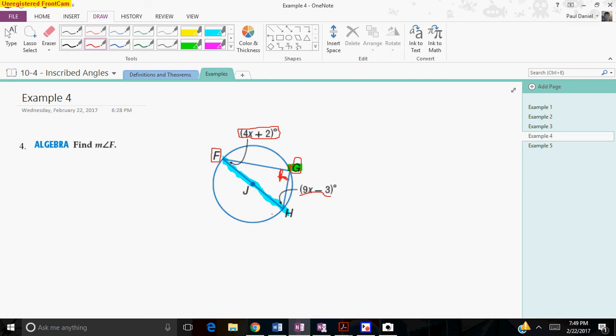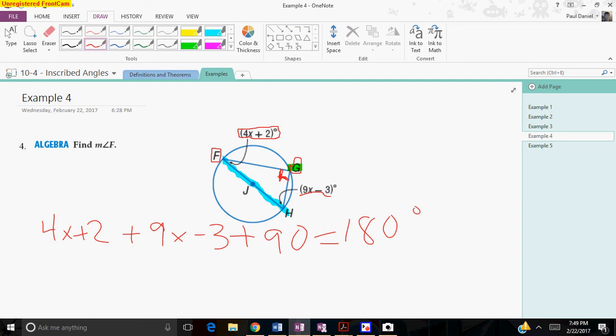So I've got 4x plus 2 plus 9x minus 3 plus 90 degrees needs to equal 180 degrees. If I subtract that 90 over, that'll give me 90 degrees over here. And 9x plus 4x is 13x. 2 minus 3 is negative 1.